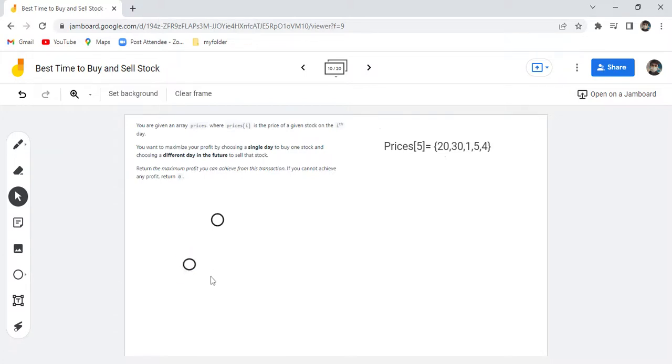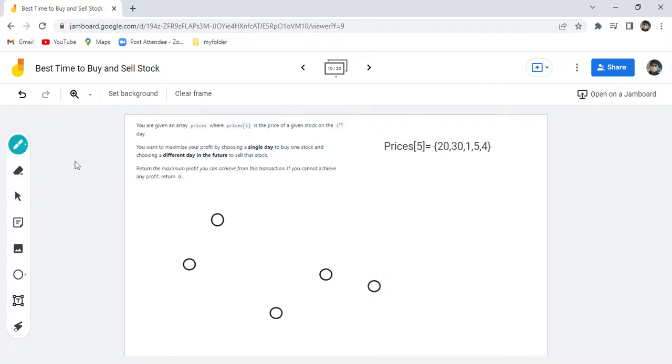Okay, so we have the numbers like this. Now let's draw it like this. We have to make five circles. So this is the five. This is four.